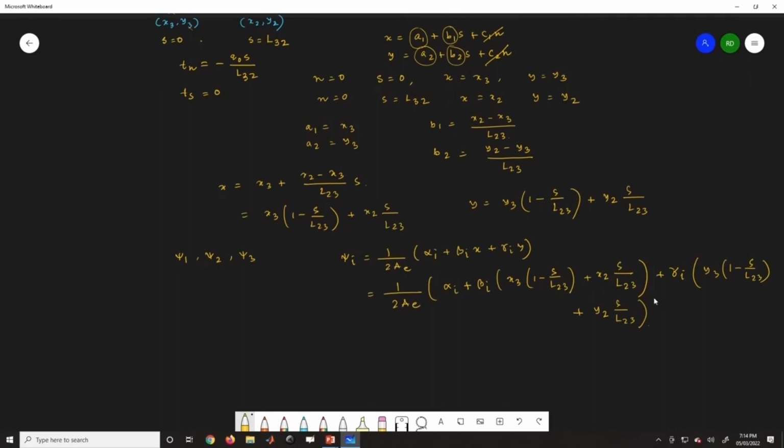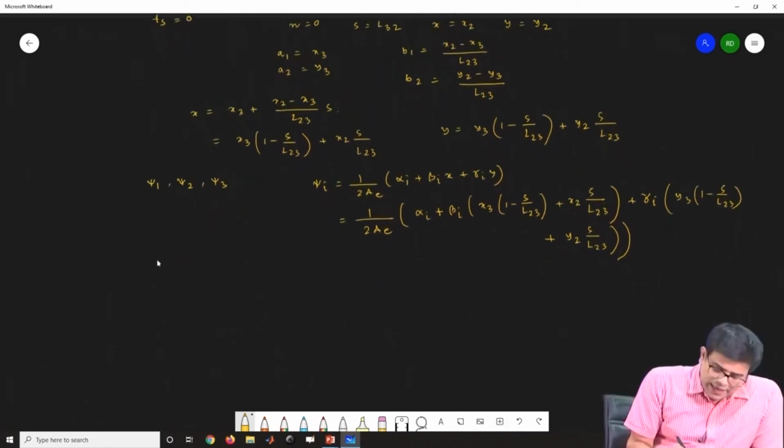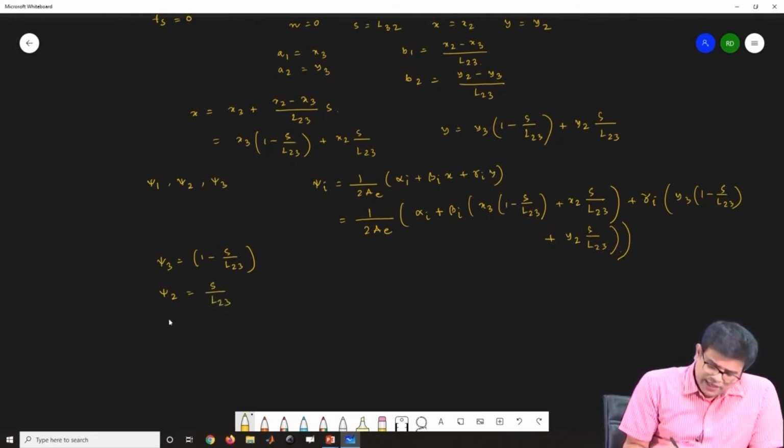So this is my psi I. If I do some manipulation, you will see that psi 3 will come as 1 minus s by L23 and psi 2 is s by L23 and then psi 1 will be 0.